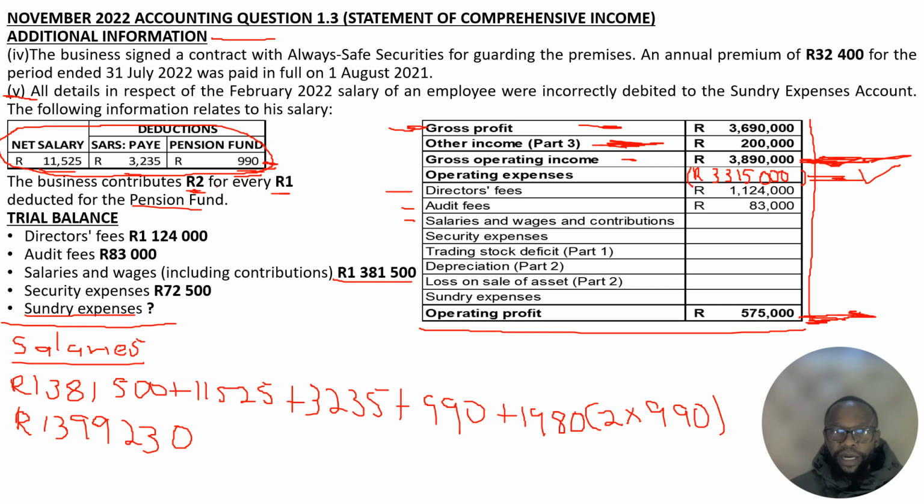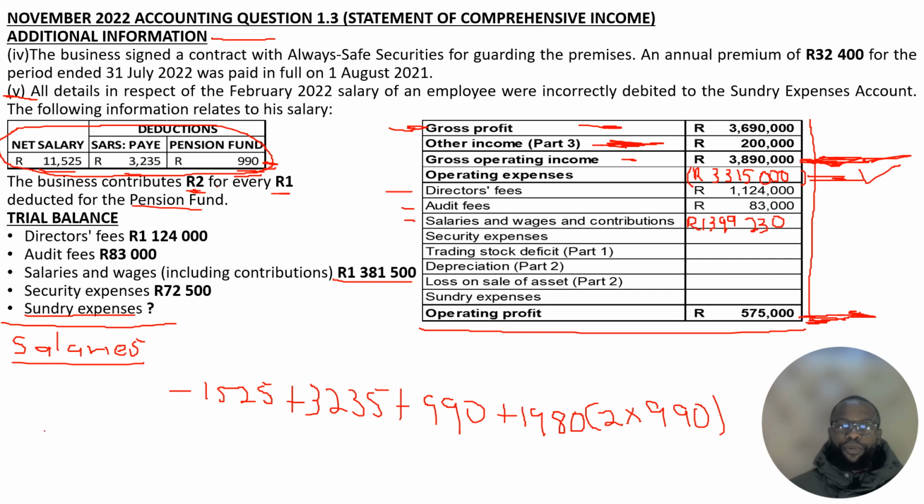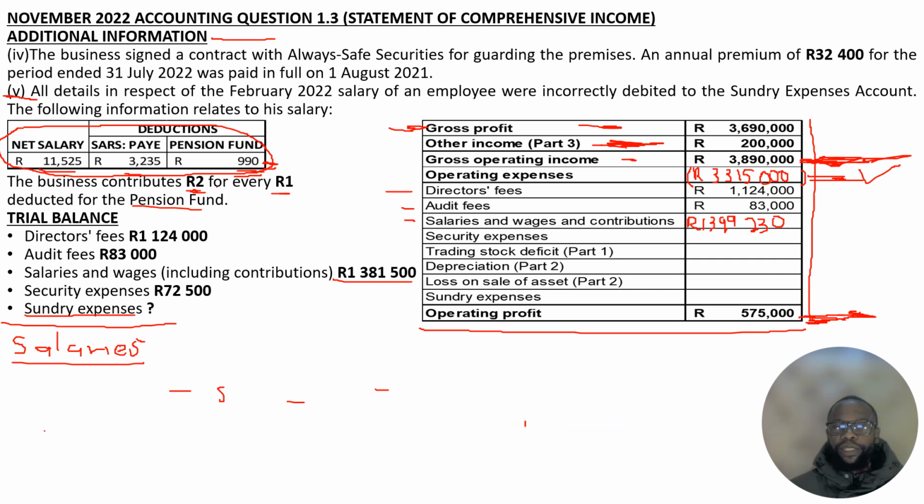We go to our answer sheet and we put 1,399,230. So we are done with our salaries. Now let's move to security expenses.